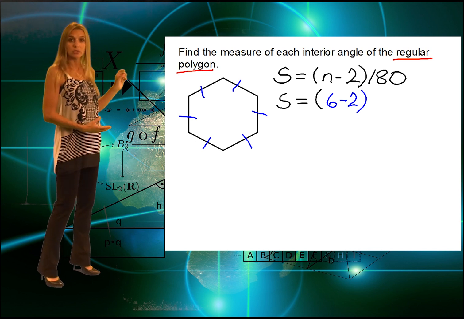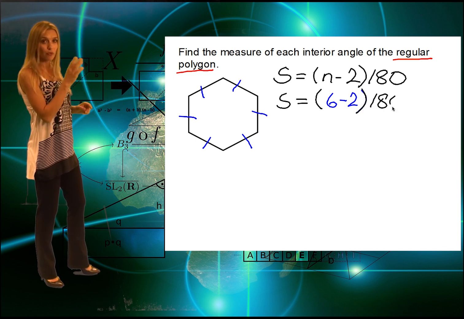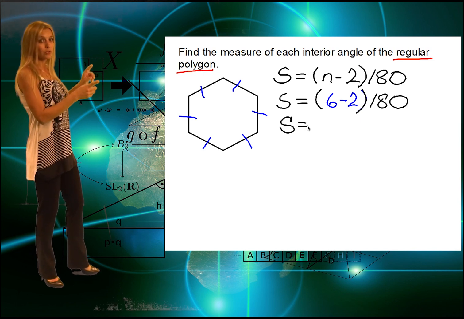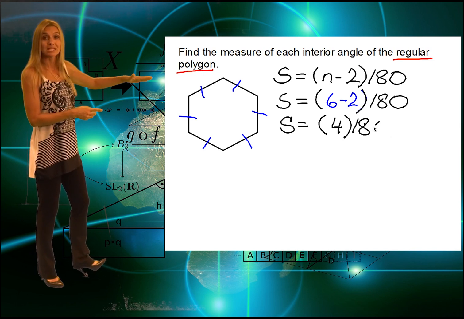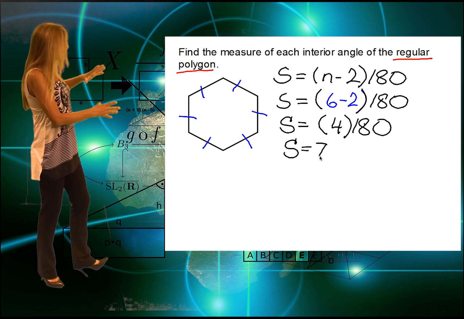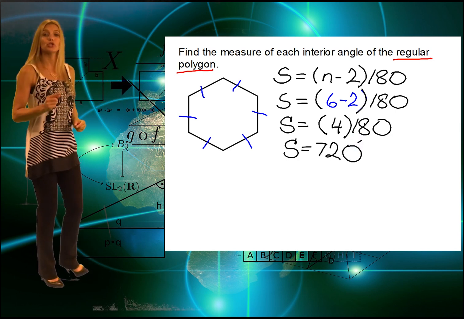Once we know the sum of all the angles, we know we have 6 of these angles, right? So 720 is the whole sum if I add every angle up. Now listen, every angle measures the same.